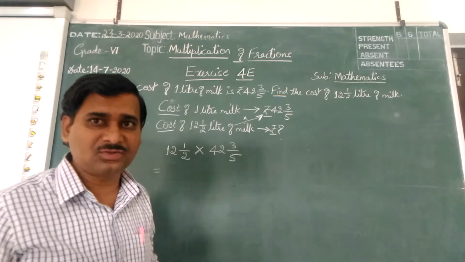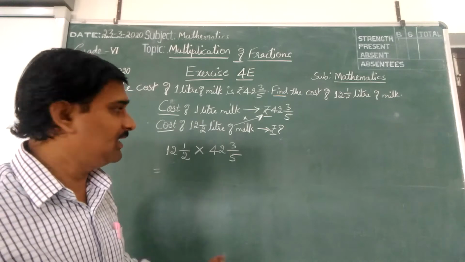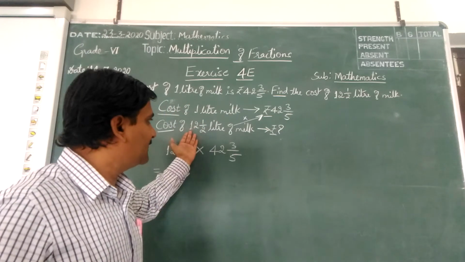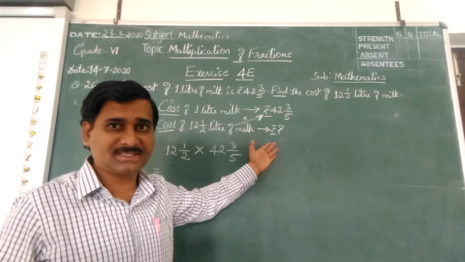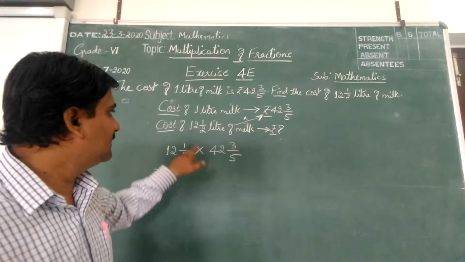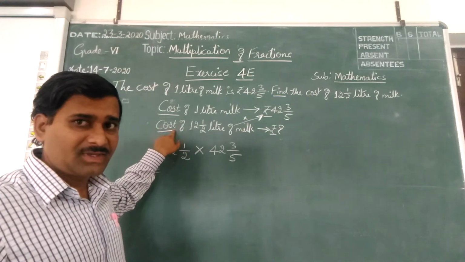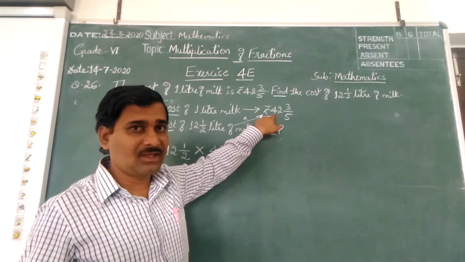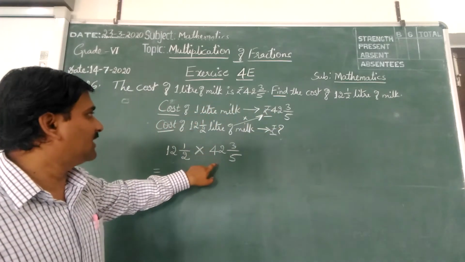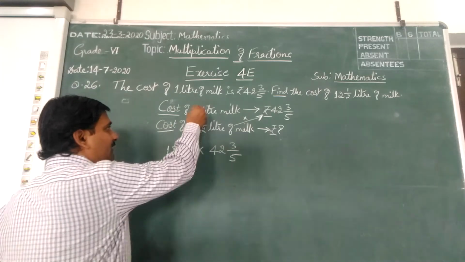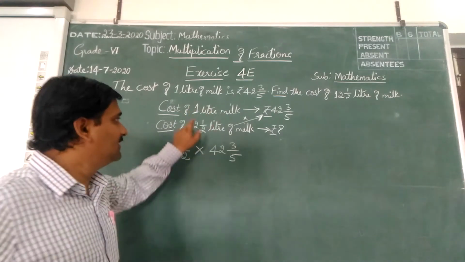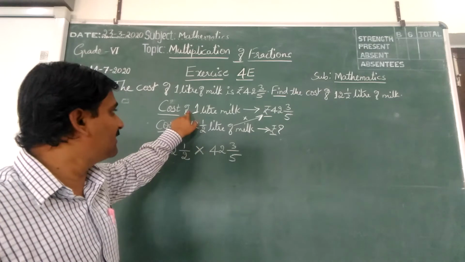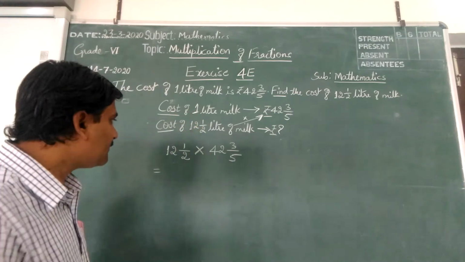The important thing in writing the unitary method is that same units should be written on the same side. This side cost and this side rupees. Second step: this corner multiplied by the second corner and divided by the first corner. Divided by 1, which I have not written, because dividing by 1 gives the number itself. That's why divide by 1 is not mentioned.